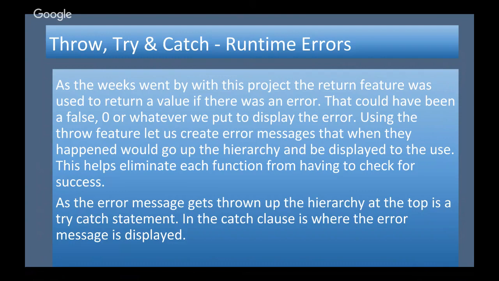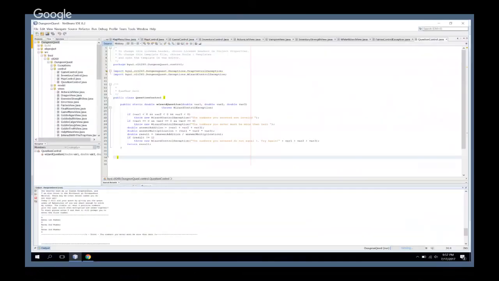Here we have an example. We have our question control, which is going to my white wizard view. We have different throw statements here to be able to throw error messages. If the variables are less than 0, it says you've entered an invalid number, you can't do negatives.